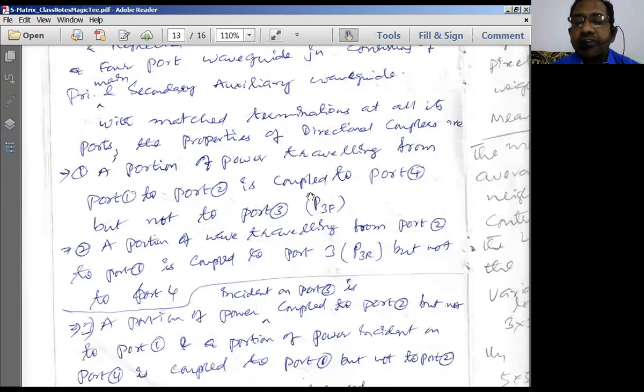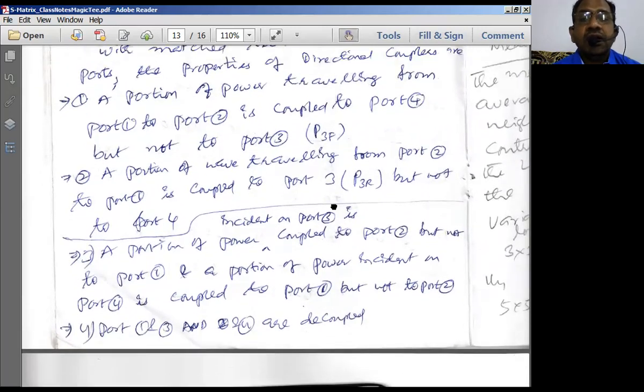One assumption here is that all the ports have matched terminations, which means S11, S22, S33, and S44 are all equal to zero. That is what we normally consider here, just like in a magic tee and other microwave components. With matched terminations at all its ports, the properties of directional couplers are written like this.